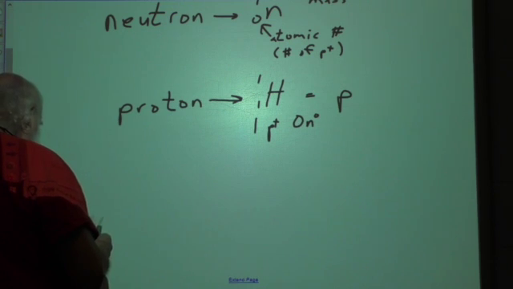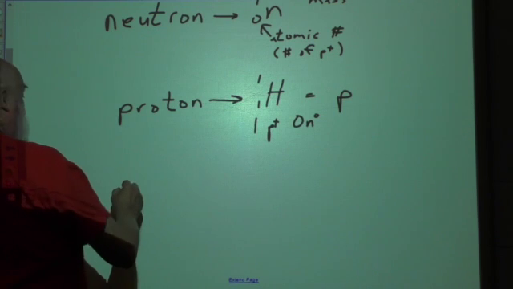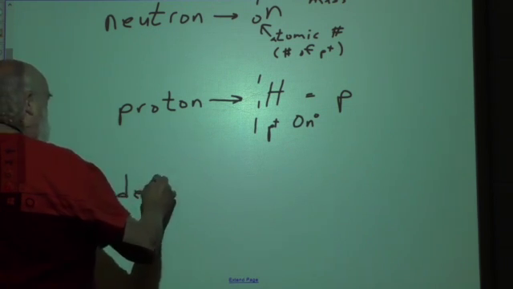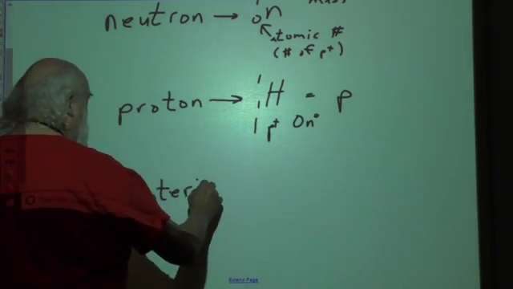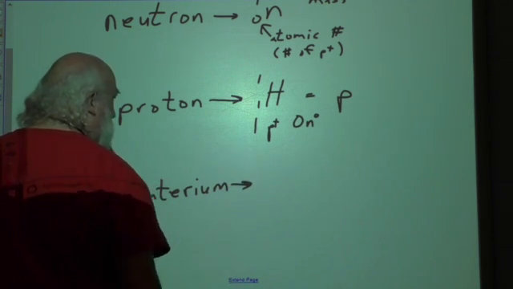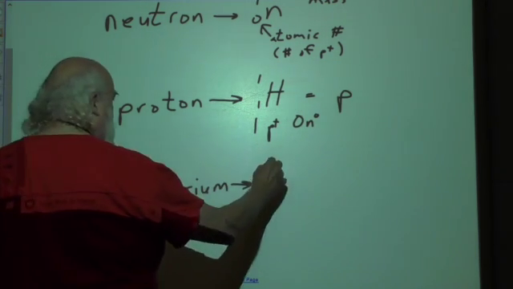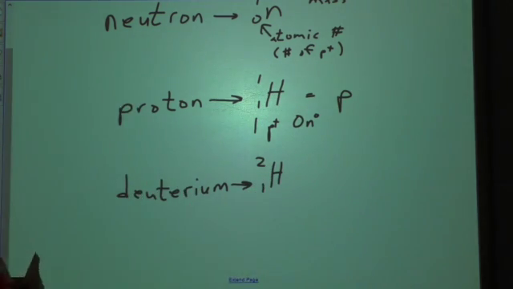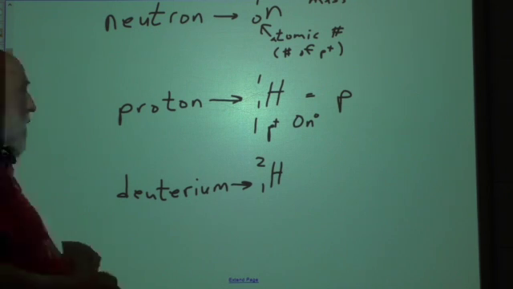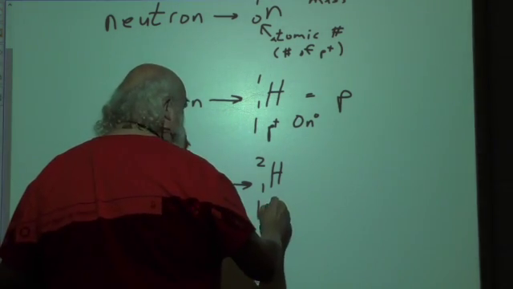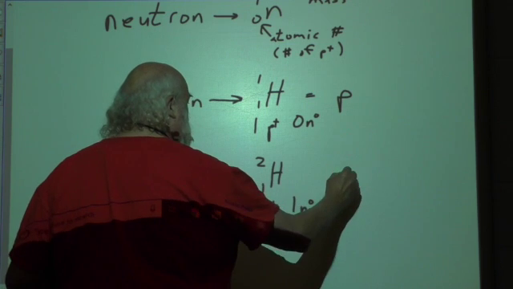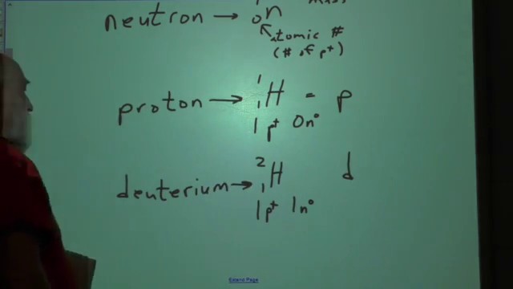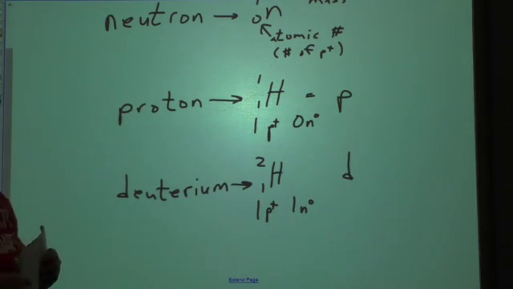The next one is deuterium. Deuterium is a heavier form of hydrogen that has a neutron in it. So the isotope number is hydrogen-2. Like I said, 1 proton, 1 neutron, and we use the letter D to represent that in a non-equation form.